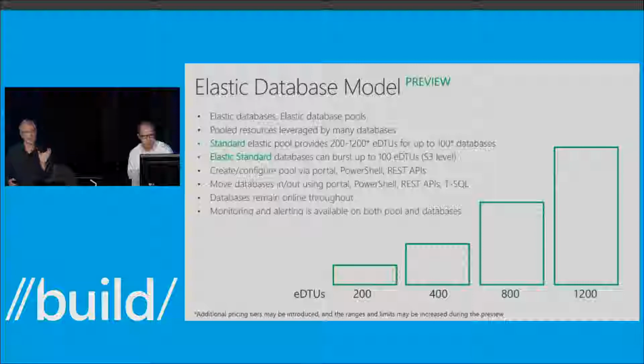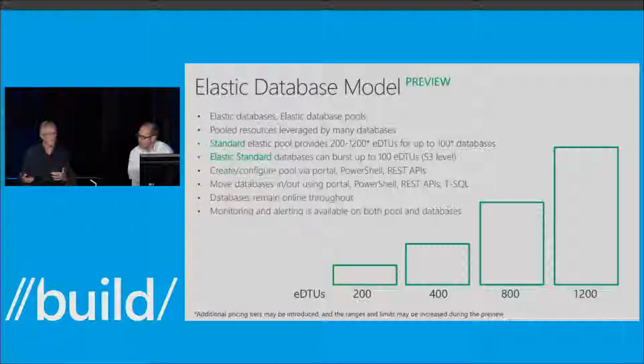That is the tier, and it corresponds to the range of performance available to an ordinary standard database, so it ranges between 10 DTUs and 100 DTUs. We have a pool with pool sizes ranging between 200 and 1,200 DTUs, so you can put a large number of databases in there.